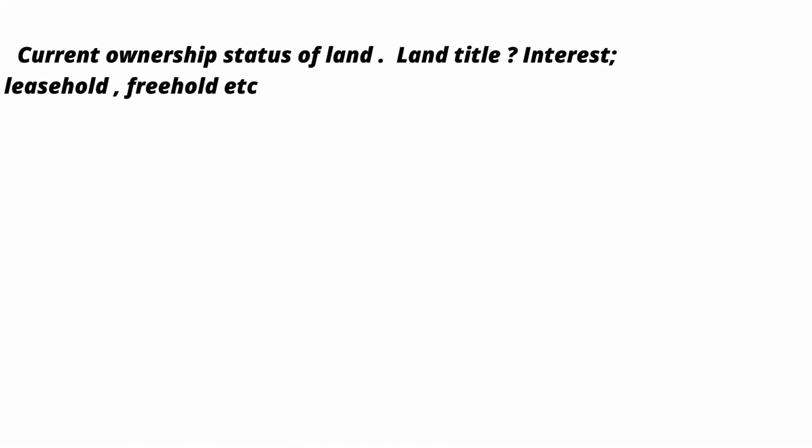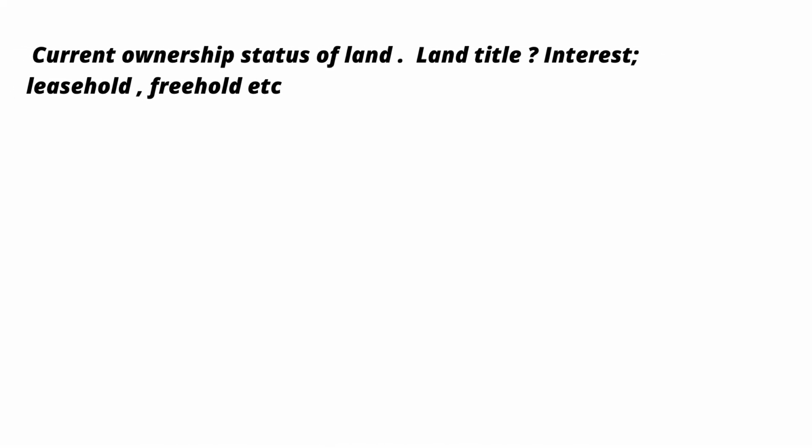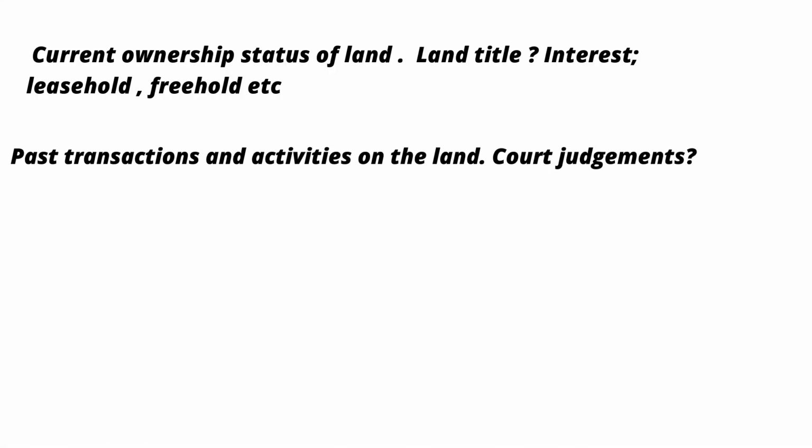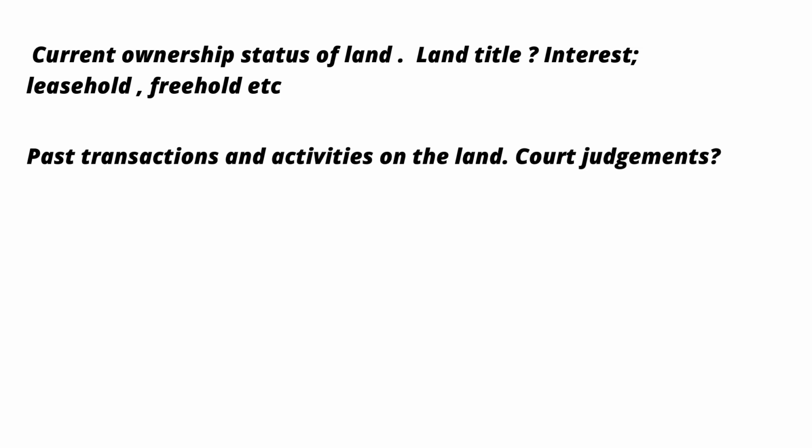A search from the Lands Commission will show the current ownership status of the land, so whether a land title certificate has been issued on that land, and the interests, whether it's a leasehold interest or freehold interest. The search report should also show past transactions or past activities on the land, how ownership has changed over the years, including the very original owners, that's the allodial title.